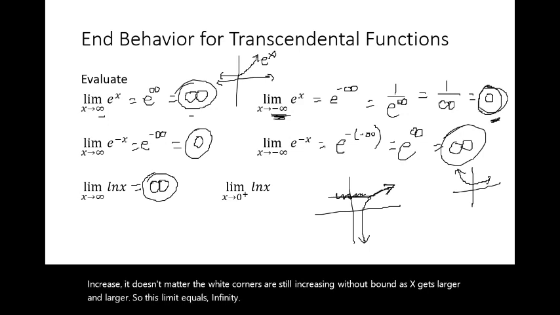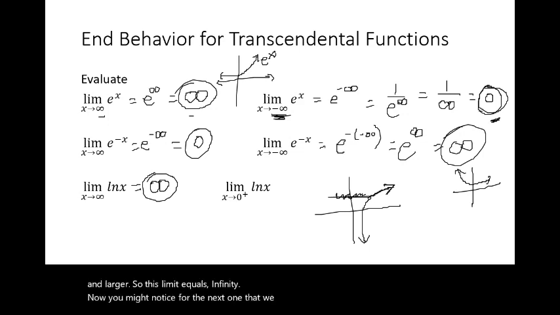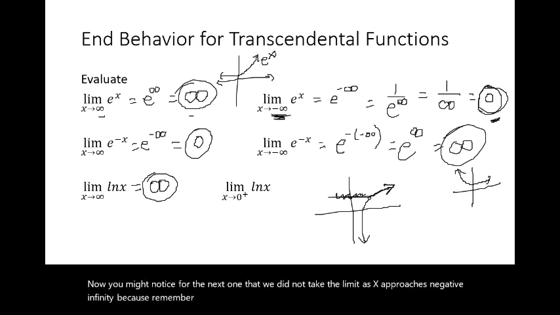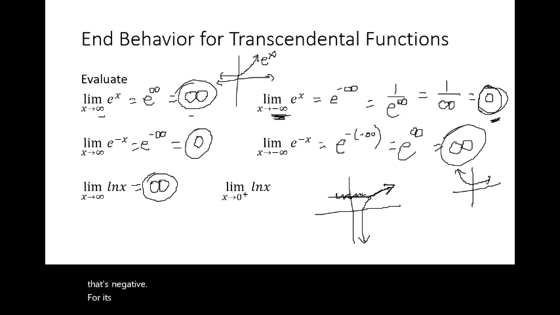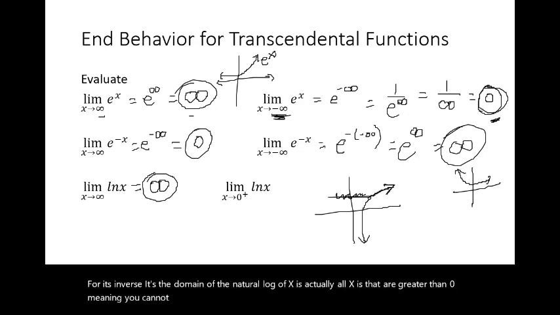Now you might notice for the next one that we did not take the limit as x approaches negative infinity. Remember how the exponential function can never give you a y-coordinate that's negative? For its inverse, the domain of the natural log of x is all x's that are greater than 0. Meaning you cannot take the log of a negative number and you cannot take the log of 0.